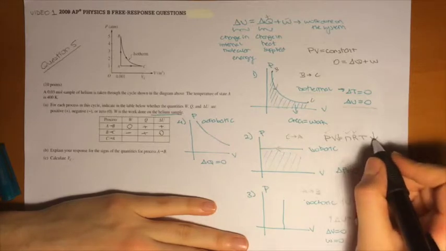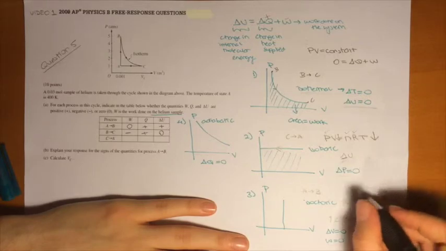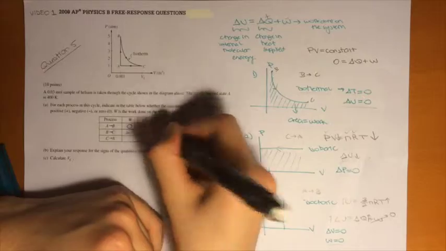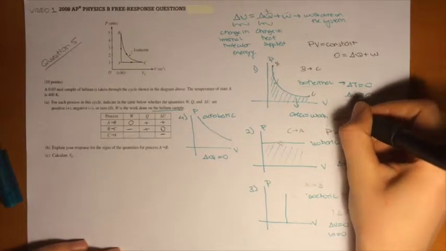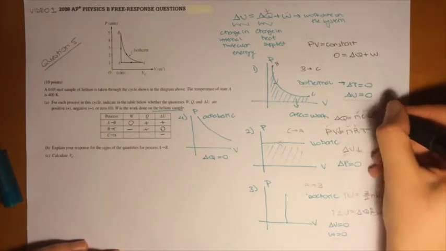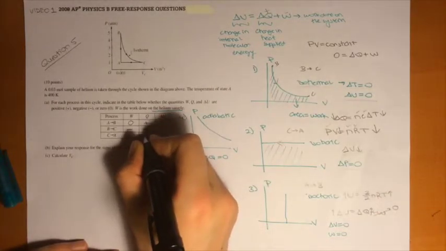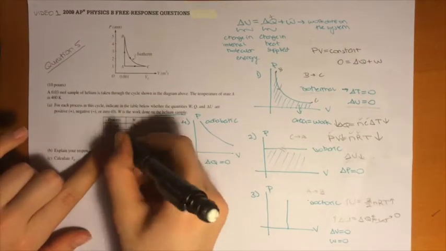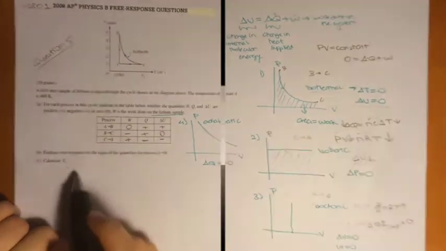And when T decreases, delta U, which is directly proportional to T, also decreases, so delta U is negative. If I am to write the formula for delta Q, it's nC delta T. These two are constant, and since the temperature decreases, delta Q will also decrease, and therefore it is negative. The work done from C to A is then positive. So okay, part A is complete.